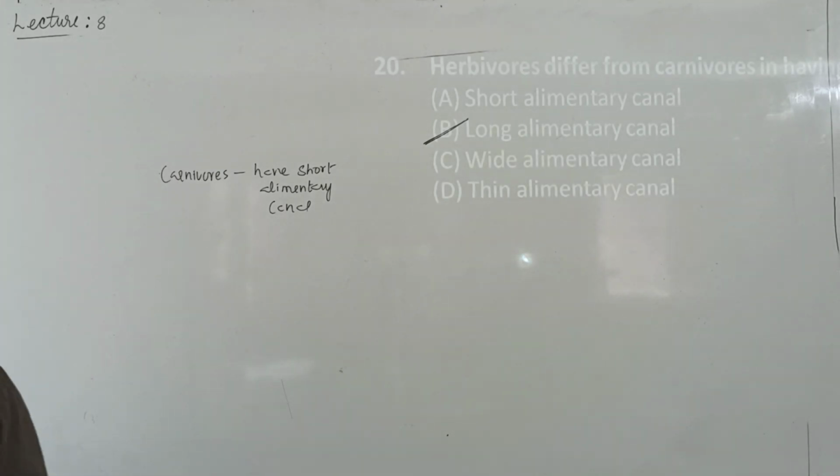This is in concern with digesting the plant material. So herbivores differ from carnivores in having a long alimentary canal, while carnivores will be having a short alimentary canal.